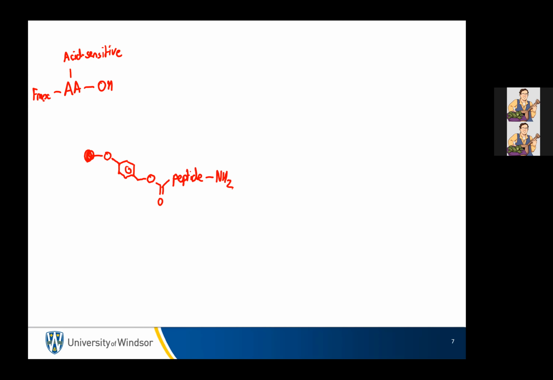So after your final deprotection, you'll have your peptide, you'll have an NH2 on one end, it'll be connected to the Wang resin on the other, and you have all these acid-sensitive protecting groups. So what you can do is you can treat this with an acid. The typical one used for this is trifluoroacetic acid.